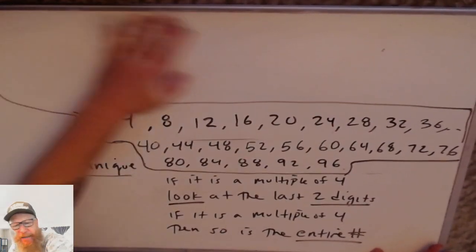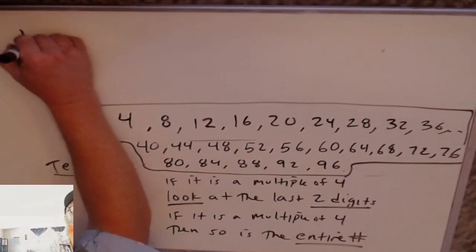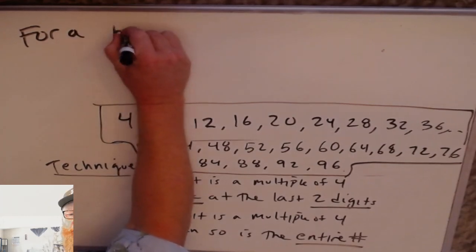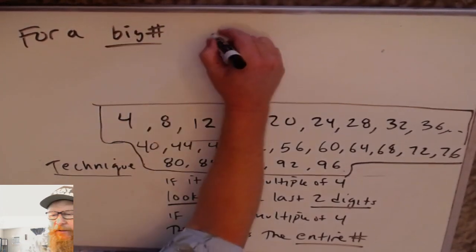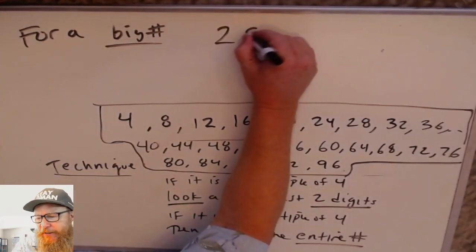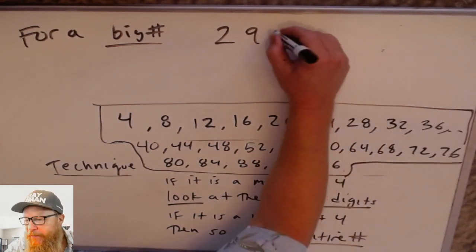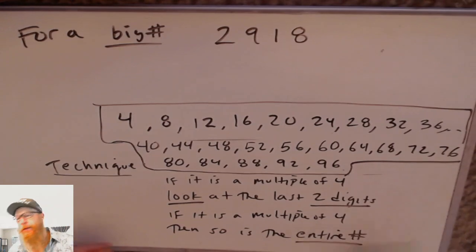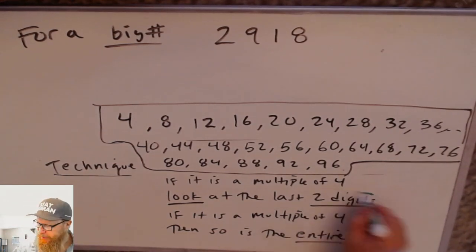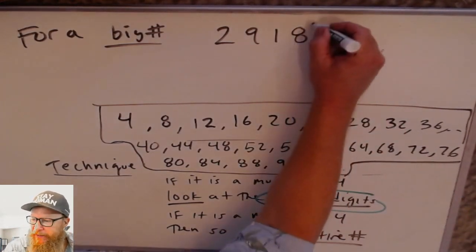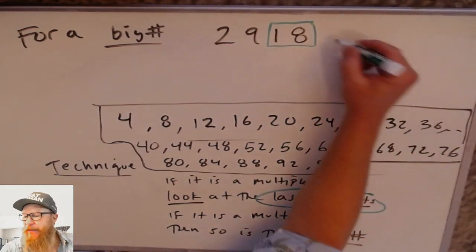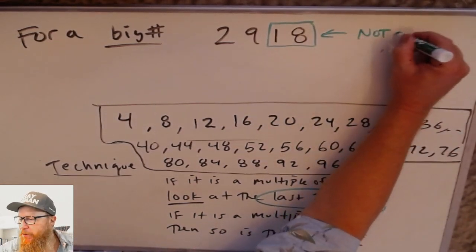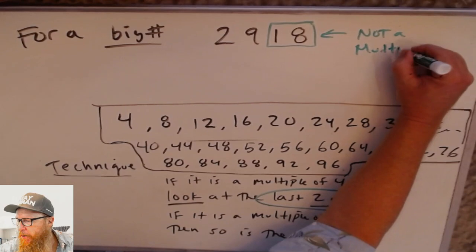So if I have a big number, something like 2,918, yeah? Look at the last 2 digits. So this is not a multiple of 4.